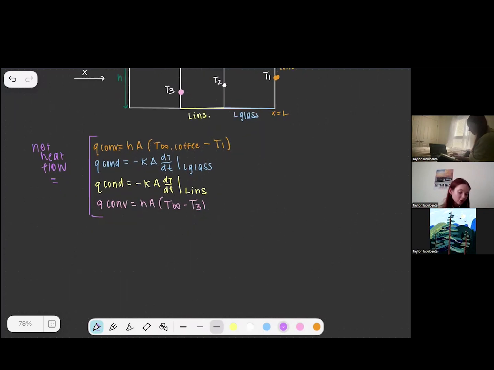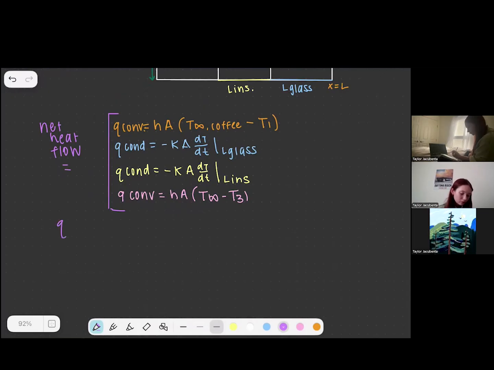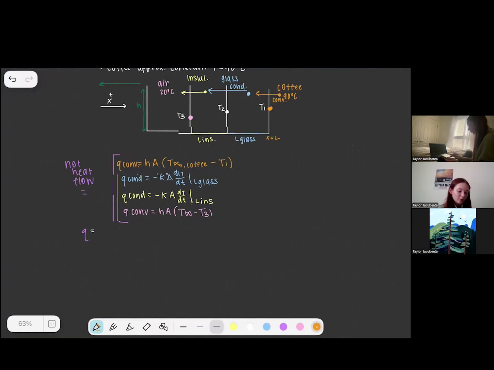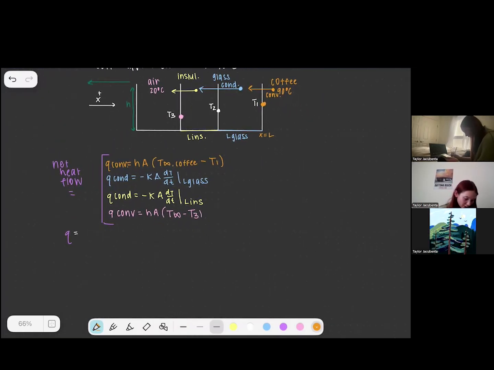So we can say that Q is equal to the convection from the coffee. That is going to be the height times the area, and then the temperature constant of the coffee minus T1, which is set equal to the conduction of the glass, which is going to be the negative constant times the area.